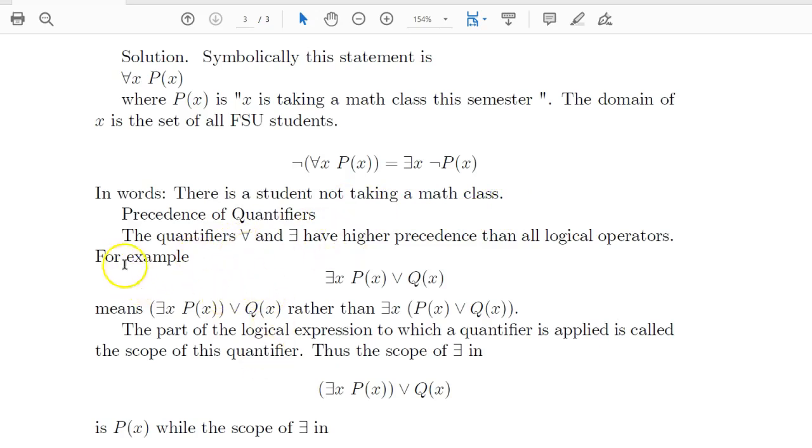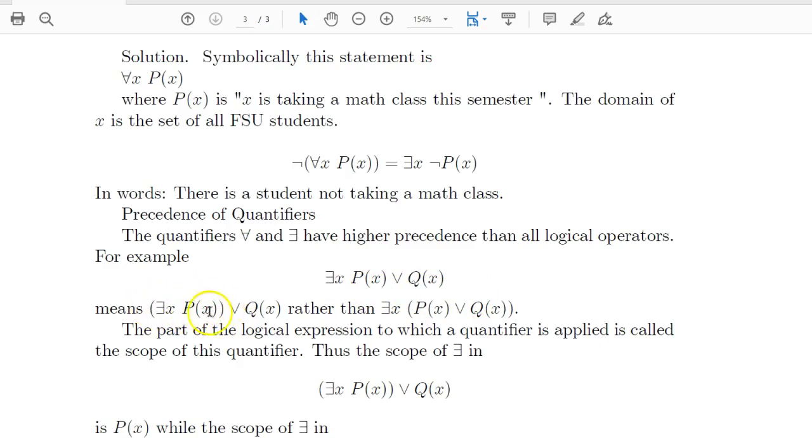Precedence of quantifiers. The quantifiers, universal and existential, have a higher precedence than any other logical operator. For example, there is an x such that P of x or Q of x means this.